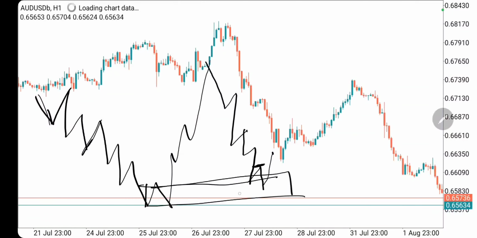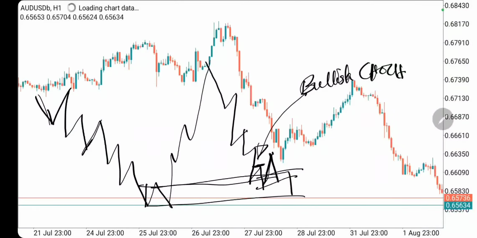You can see a break of structure to the upside when the market has come to the zone, which is what you call a bullish change of character. Very important. So when you have a bullish change of character, you now wait for price to come back to the zone, which we call the return to order block, and we get into the trade for a buy.